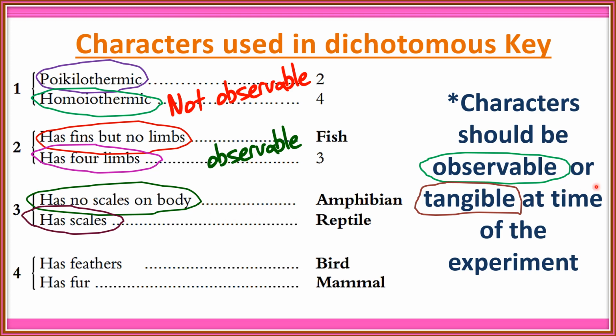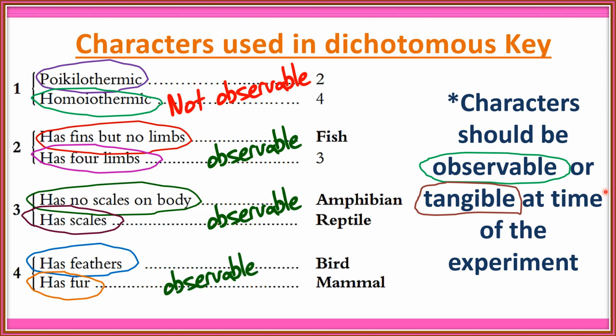Are they observable or not observable? They are observable. Then we have has feathers, has fur. Are they observable or non-observable? They are observable. So we use observable or tangible characters at that particular time of the experiment.